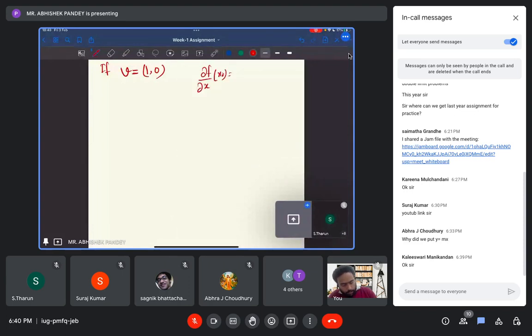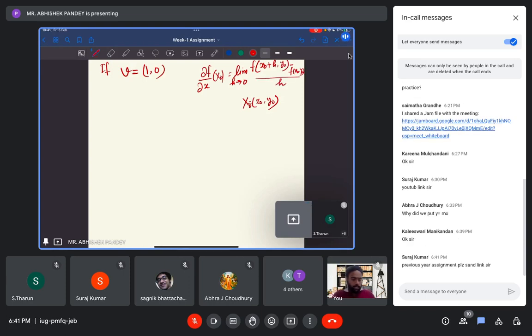Let us say this capital X naught has the coordinate x naught comma y naught. So limit h tends to 0, f of x naught plus h comma y naught minus f of x naught comma y naught upon h. This is the definition of partial derivative with respect to x at x naught, isn't it?